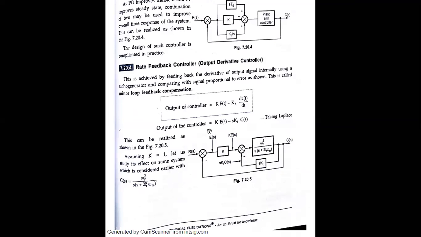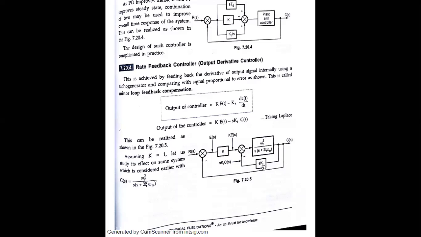And what about the other part here? This is my E(s), and you can see this is E(s) multiplied by K. That is the reason K is written here. We know the principal rule of block diagrams: if two blocks are in series, they should be multiplied. So K into E(s) gives this particular equation, minus s into Kt multiplied by C(s).